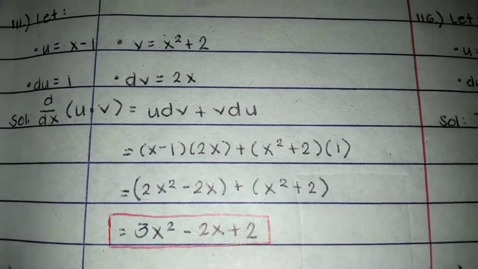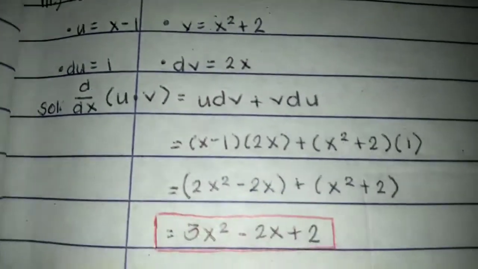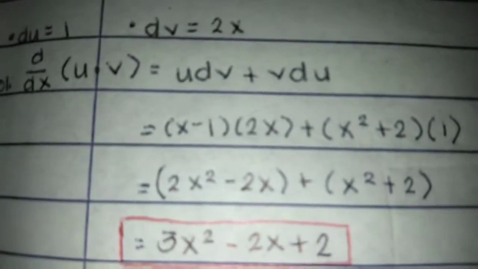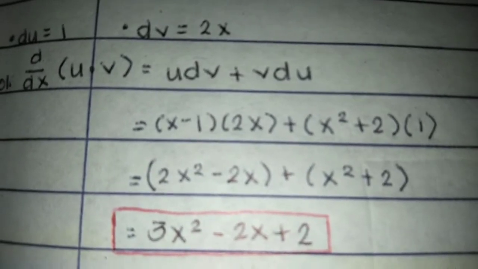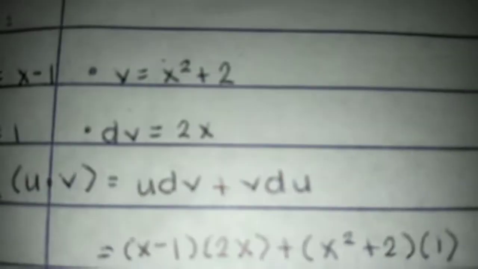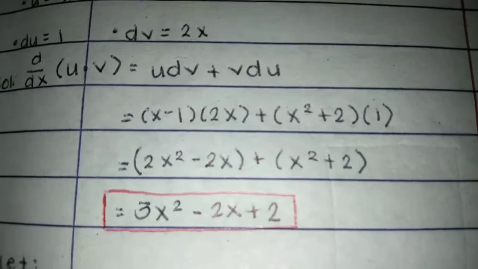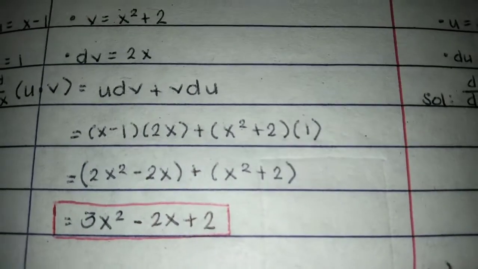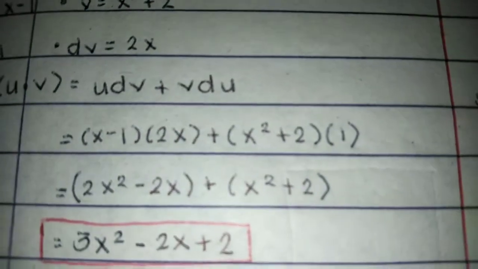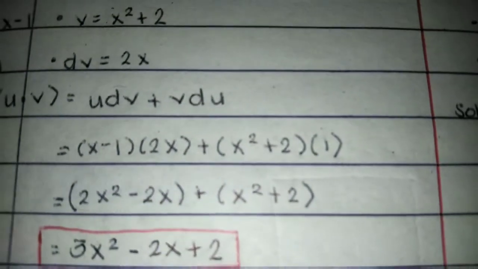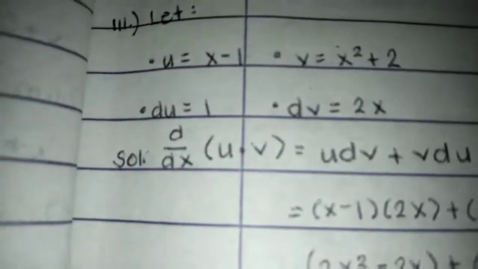So u is equal to x minus 1, and dv is equal to 2x, plus v, which is equal to x squared plus 2, and the derivative of u is equal to 1.